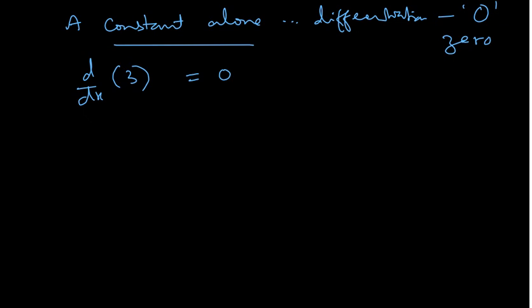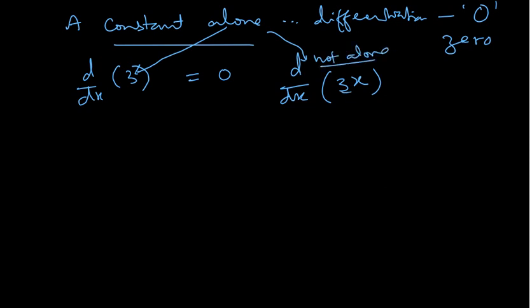Got it, right? Because it's alone. Differentiation of 3x is not 0 because this fellow is not alone. He is with an x, right? That's why the answer is 3 into differentiation of x, which is 1. This is one of the common mistakes students make, and many times they keep on asking.